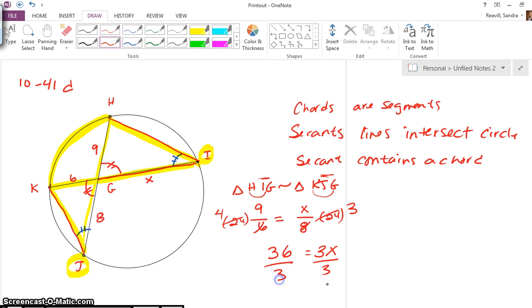Divide both sides by 3. We have a value of 12 for GI.